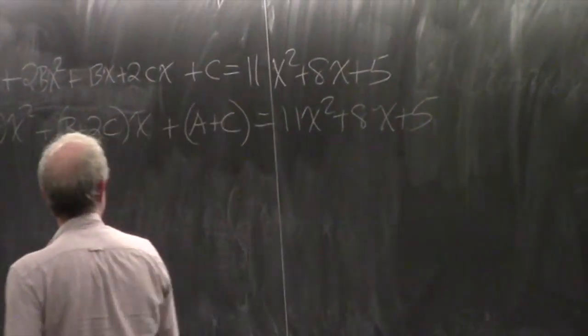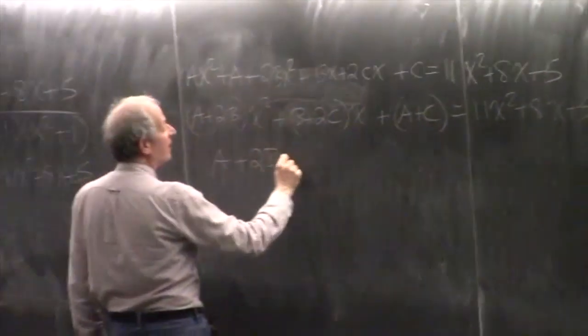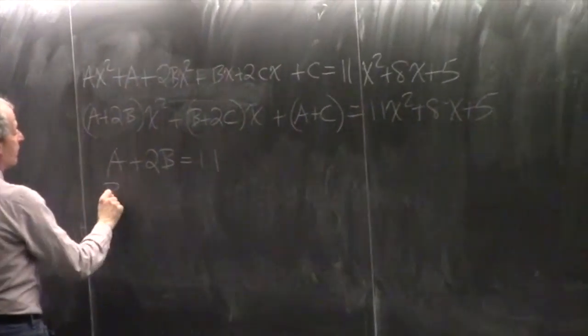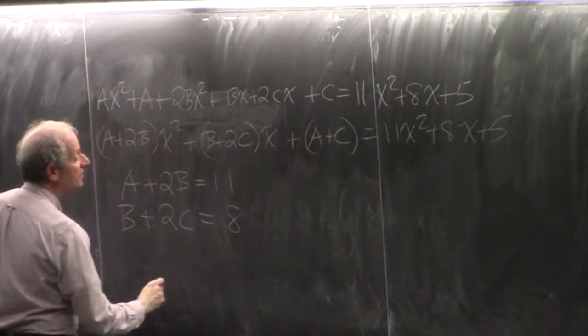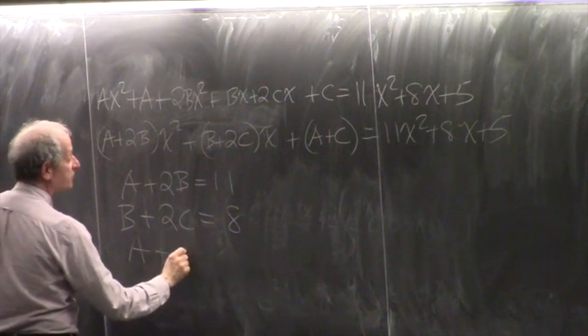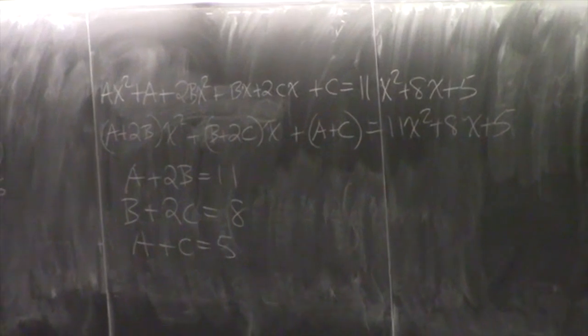Sometimes. Alright, this tells us that A plus 2B has to equal 11, B plus 2C equals 8, and A plus C equals 5. Now, you can just sort of guess, right? Maybe you can come up with the right numbers. Or the simplest thing for these is to get rid of one of the variables and put it into the equations together, so you get down to two equations and two variables.